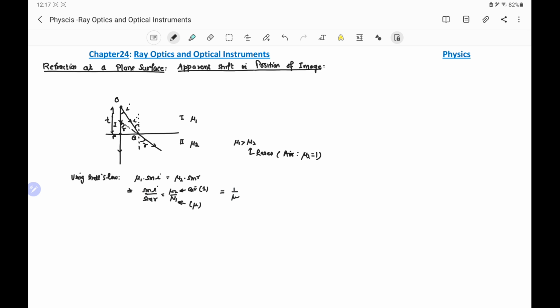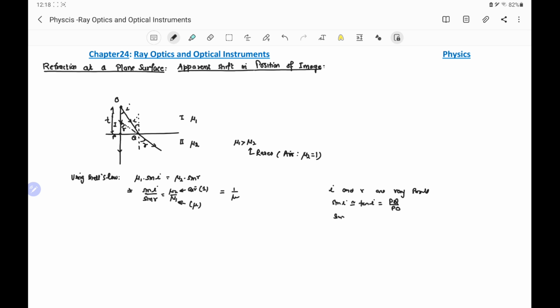Now to find the value of sin I and sin R, we consider that I and R are very small. In this case, sin I will be approximately equal to tan I, and this tan I will be equal to perpendicular by base, that means PQ by PO.